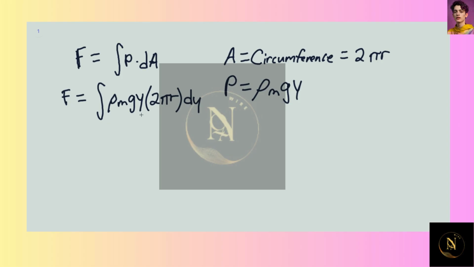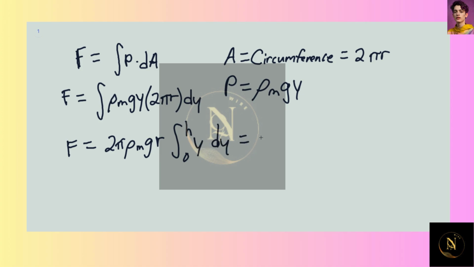So we actually have some constants here. We can say that the force, again, equals 2 pi times the density of molasses times the acceleration due to gravity times the radius of the cylinder. And then we can integrate from 0 to h, the full height of the cylinder, of y dy.